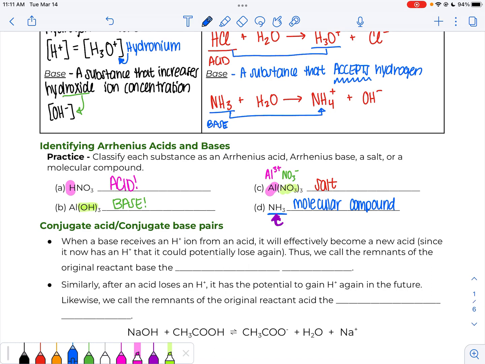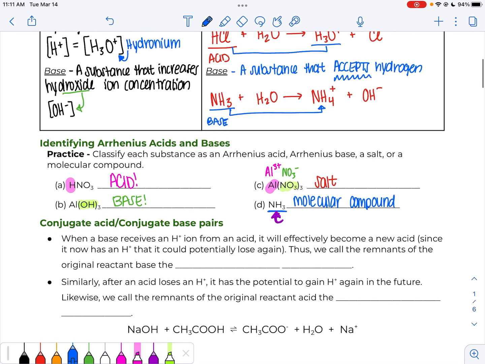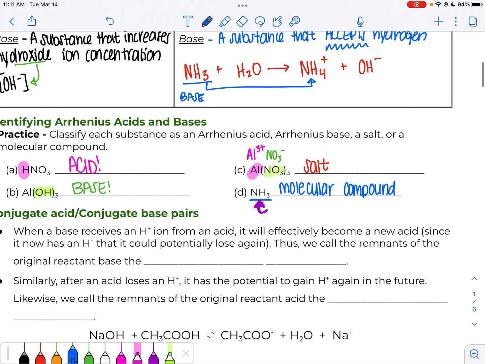So we call the remnants of that original reactant base the conjugate acid. The base takes on a proton, and now it itself can act like an acid to donate that proton back. So we call it a conjugate acid.